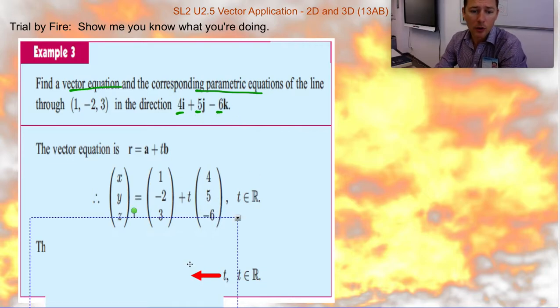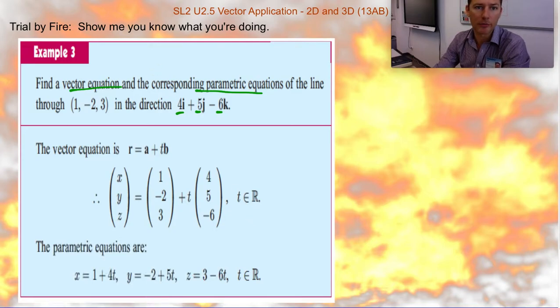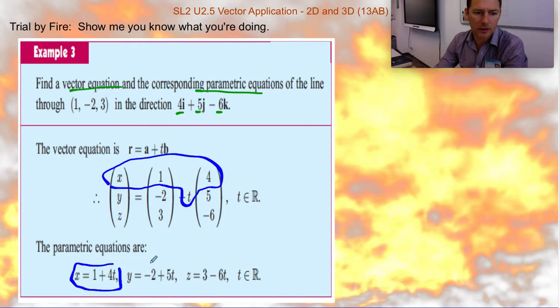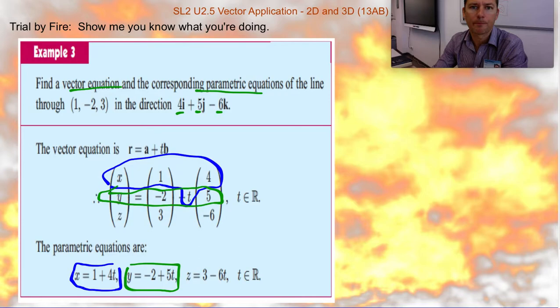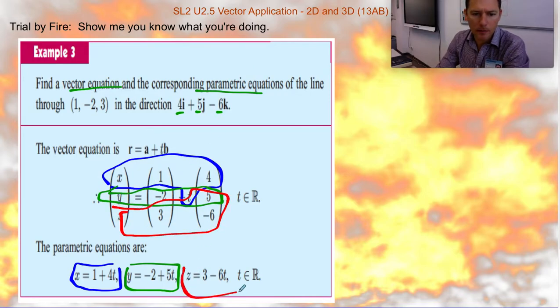And from that, we can break this into 3 parametric equations, which is this piece, and the corresponding y and z. That's this piece and the z. Red for z. There we go. Cool. So there's our parametric equations.